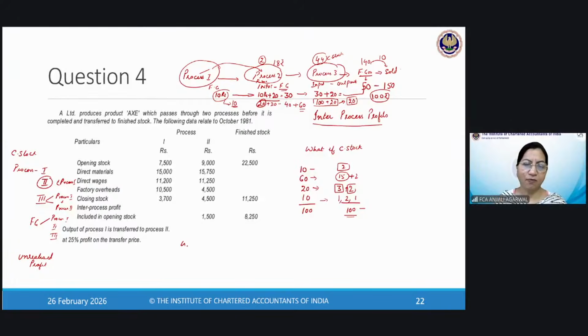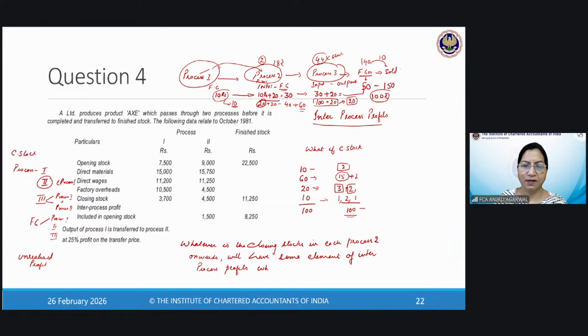So what I'm saying is, whatever is the closing stock in each process, apart from process 1, process 2 onwards, will have some element of inter-process profits which are unrealized.